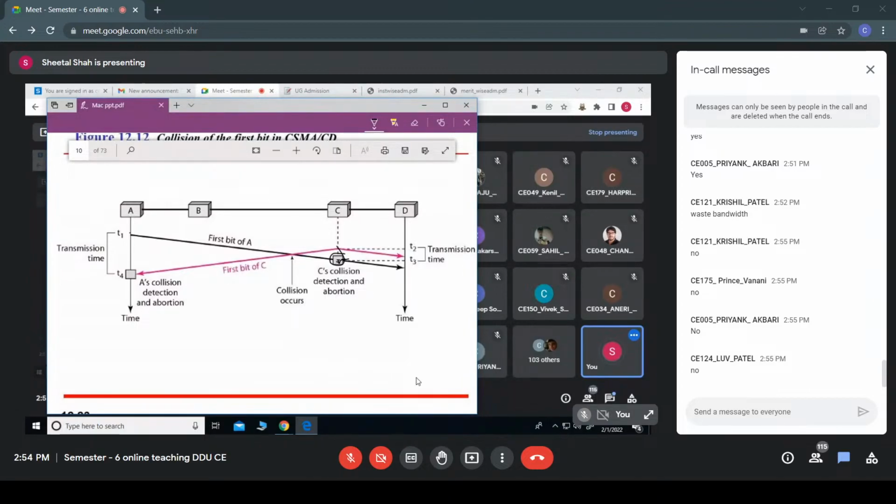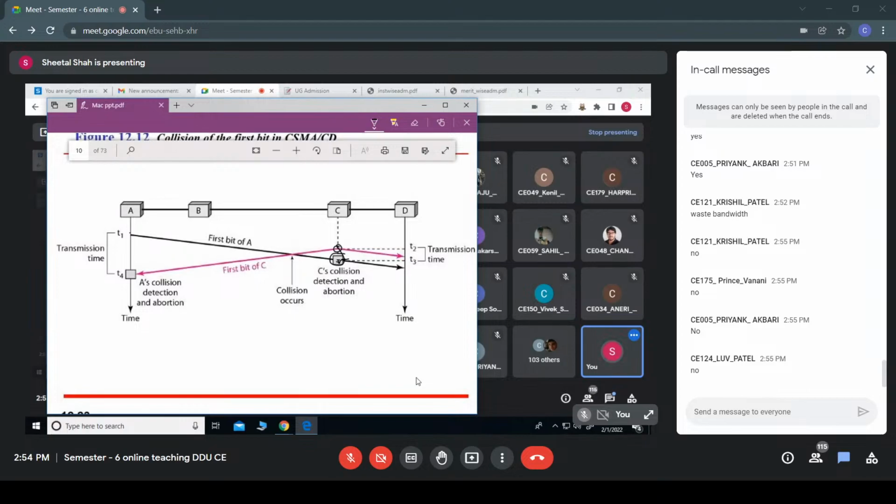Meanwhile, before that time, that is at time T2, C may find that the channel is idle because A's frame has not reached C yet, because T3 is greater than T2.